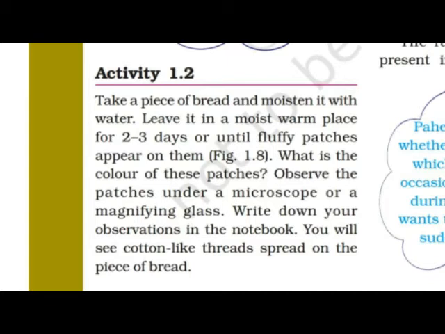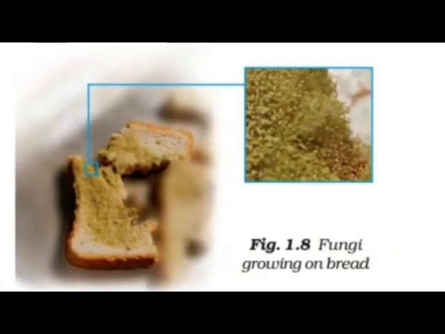If you see it under the microscope or magnifying glass, we can understand its structure. Its structure will look like cotton-like threads. What is this? These cotton-like threads are the organisms called fungi.